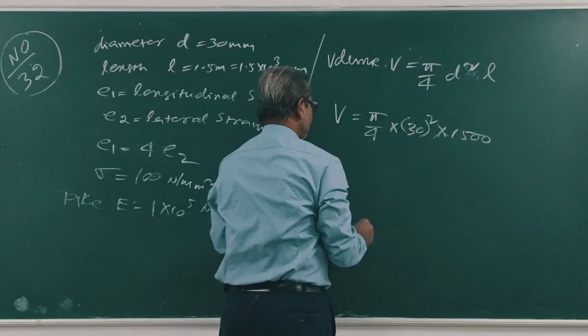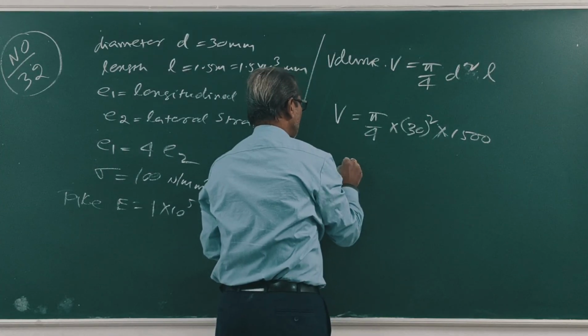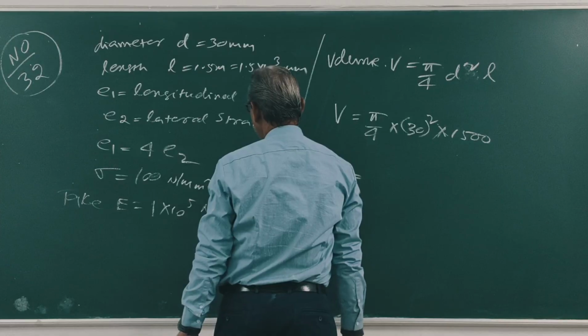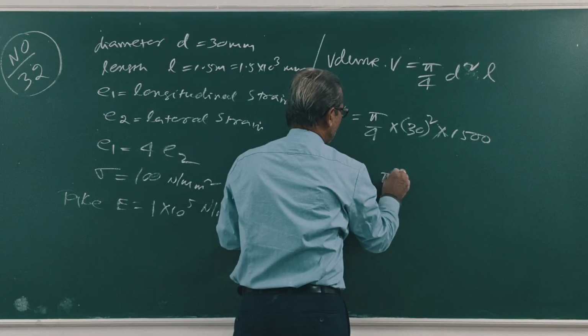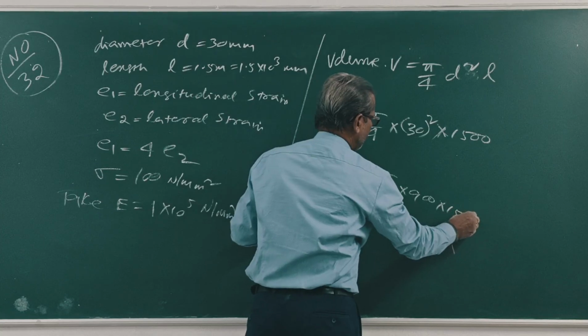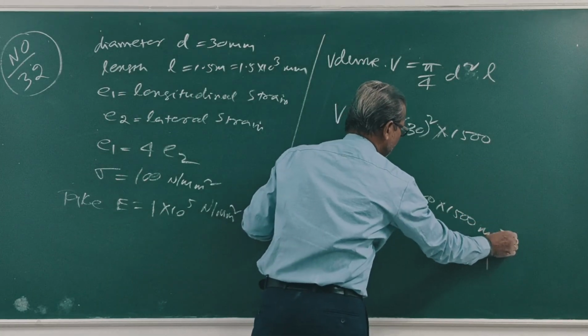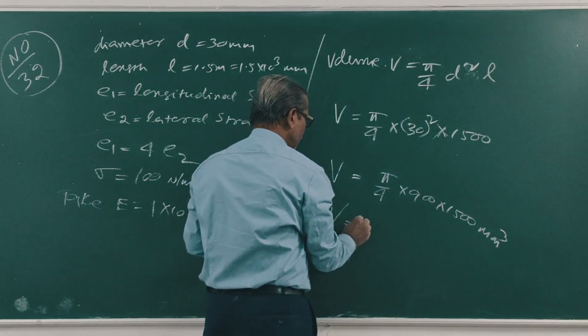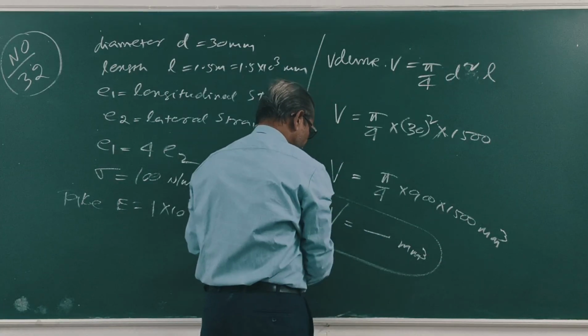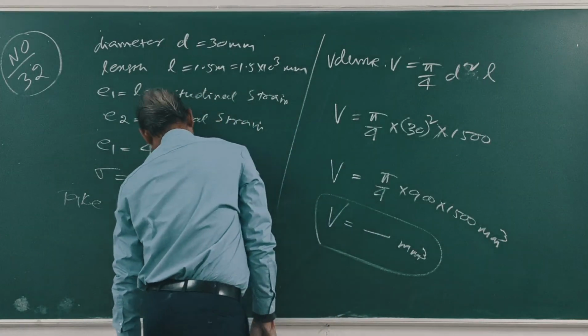Clear? So V is equal to pi by 4 d square L. So pi by 4 into 900 into 1500 mm cube. This is volume V in mm cube. Right? This is volume V.